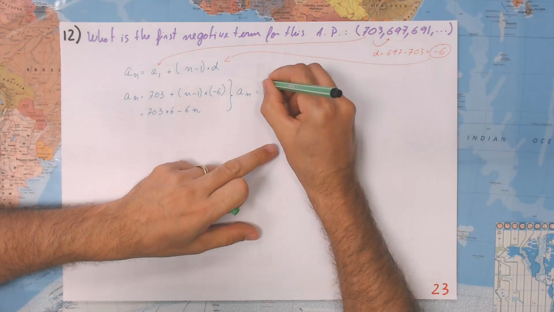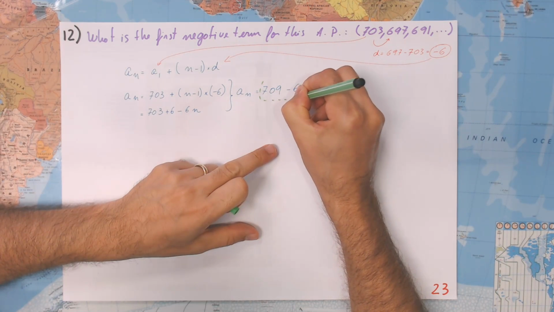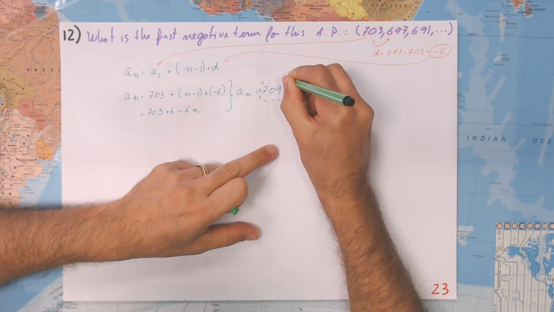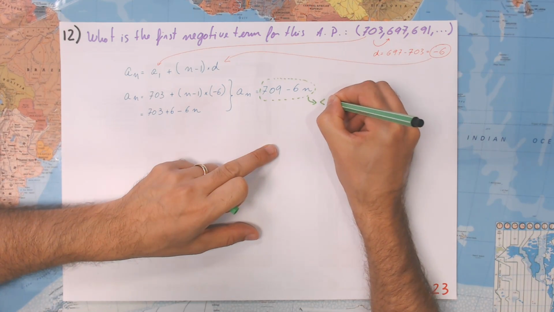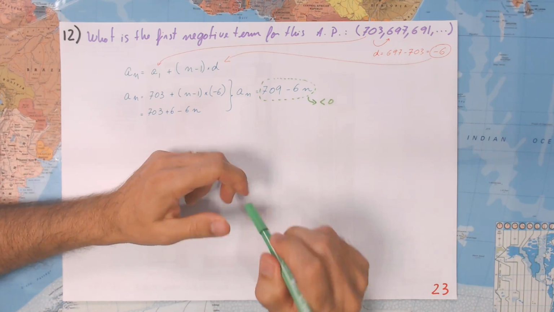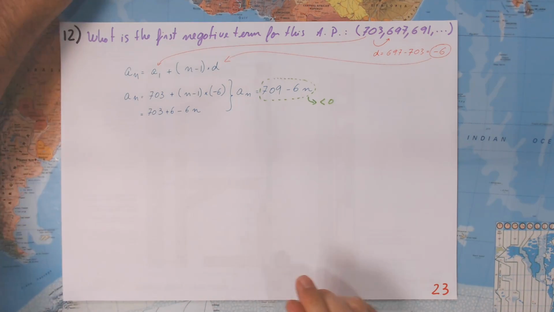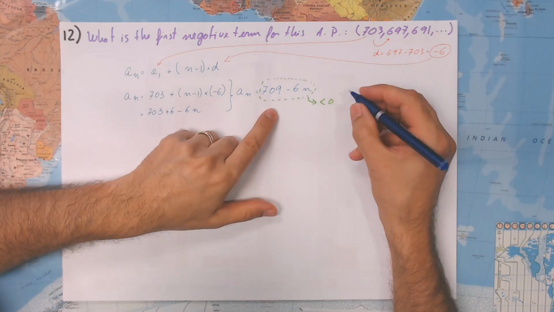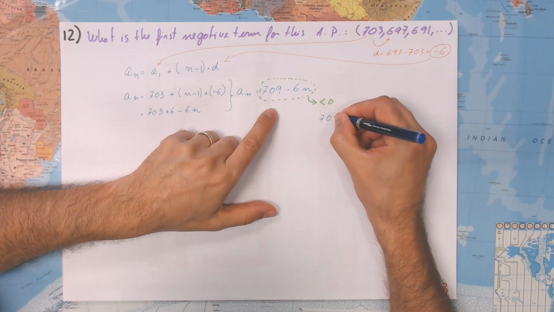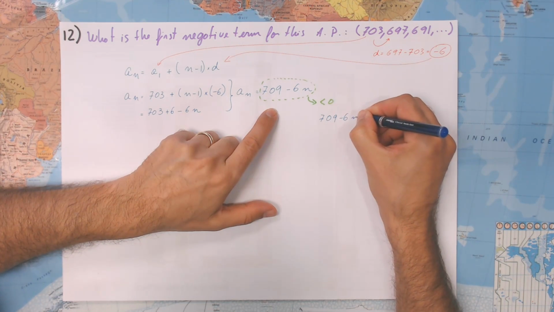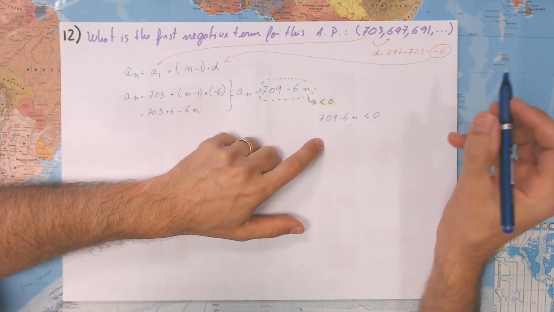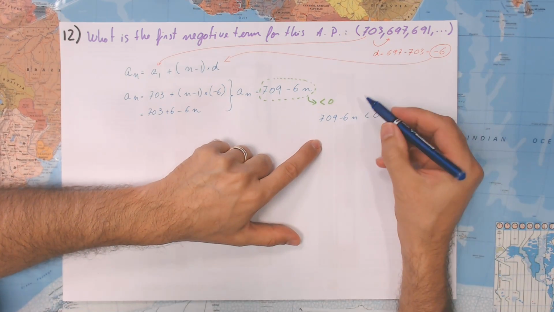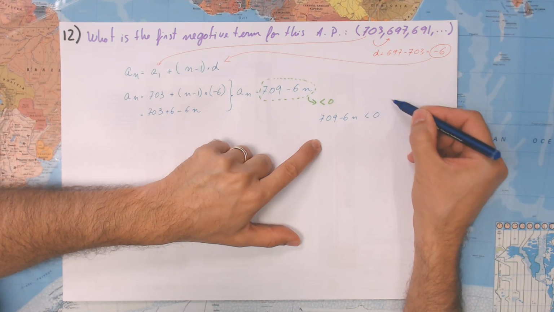We just want this term to be negative. That's what we are looking for, isn't it? So let's do it. 709 minus 6n must be negative. When is it going to be negative? Well, I'm just going to put this term to the right.